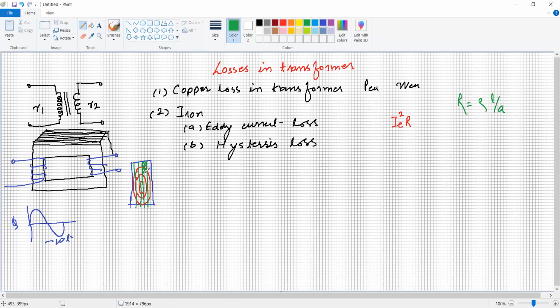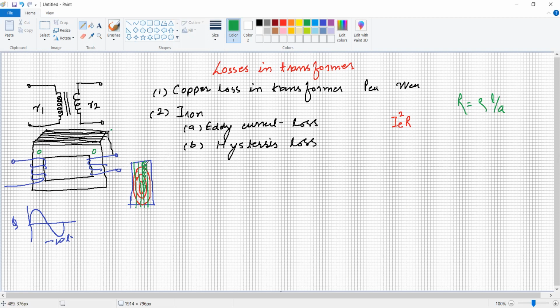These strips are called stampings, joined with nuts and bolts, and once the core is constructed it is dipped into varnish.